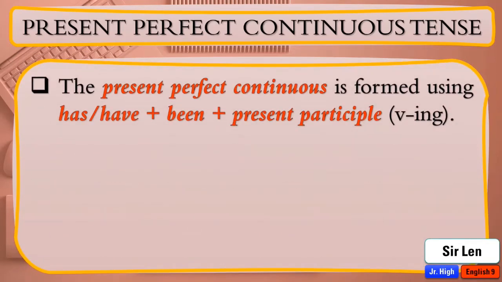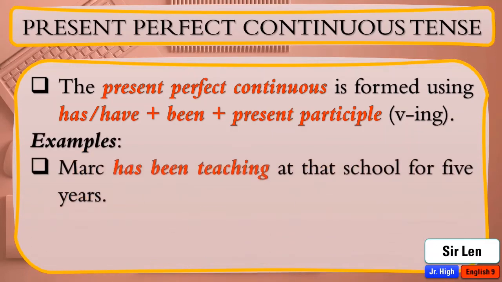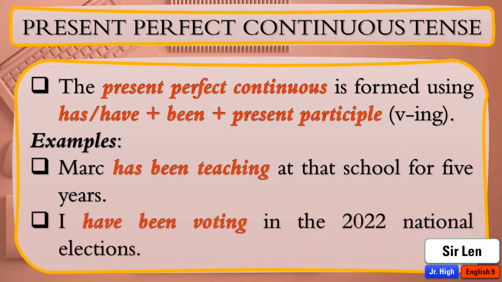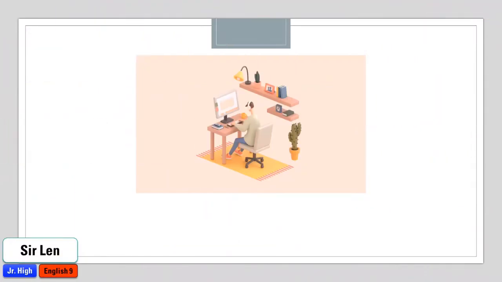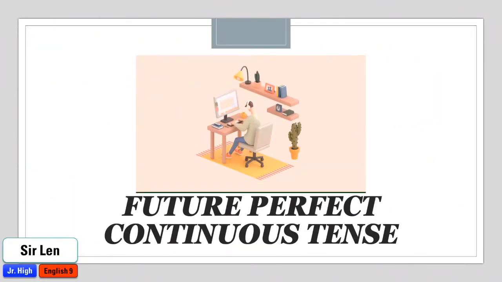The present perfect continuous is formed using has or have plus been plus present participle. Examples: Mark has been teaching at that school for 5 years. I have been voting in the 2022 national elections. The future perfect continuous tense.